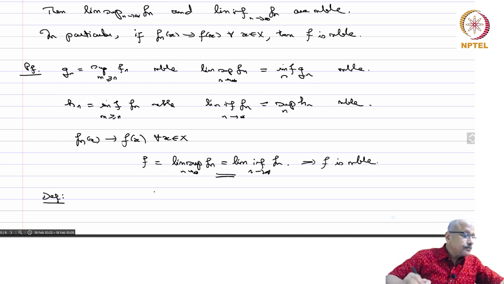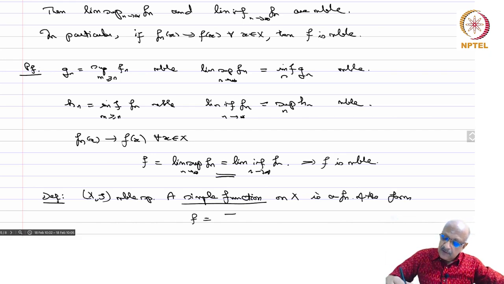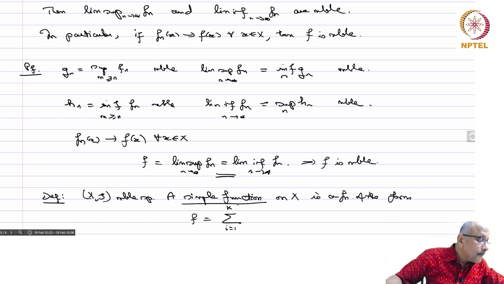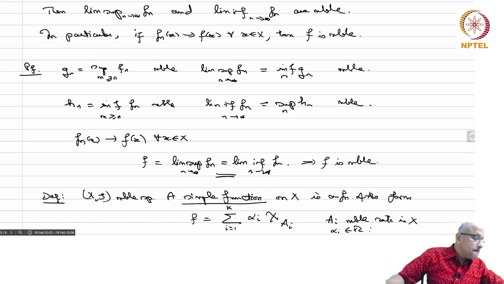Definition: X, S is a measurable space, a simple function on X is a function of the form, we have seen this before, f equals sigma i equals 1 to k alpha i chi of Ai, where the Ai are measurable sets in X and the alpha i are reals.